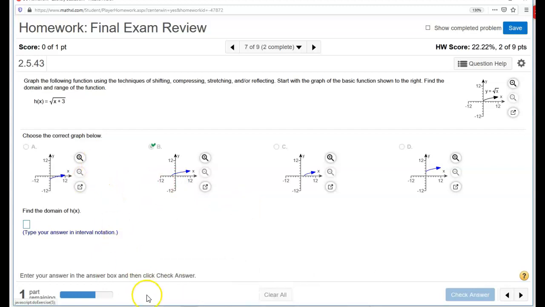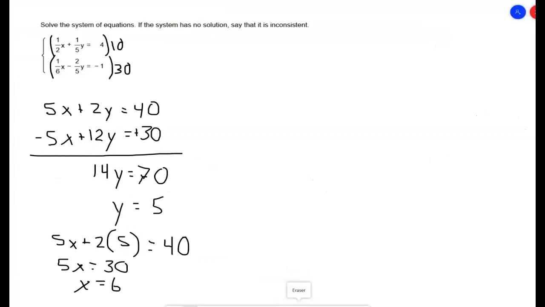So I have the square root of x plus 3. If I'm looking at the function y is equal to the square root of x plus 3, remember, as far as the real numbers, we can't have the square root of a negative number.